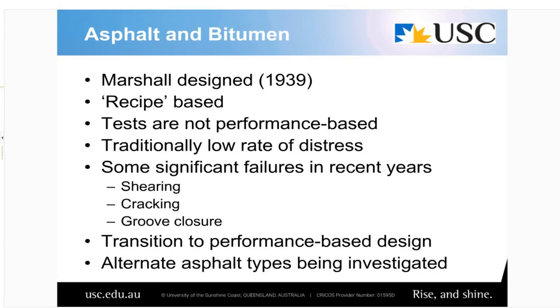So it says that if you take X grams of this, X grams of that, and mix it with X grams of this other stuff, and X grams of that other stuff, you'll get a really nice cake. And if you do that every day, it should always be the same. The tests that are used to determine whether something is the same or not aren't performance-based tests.